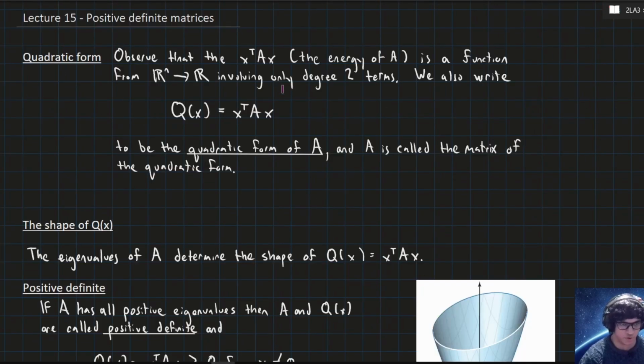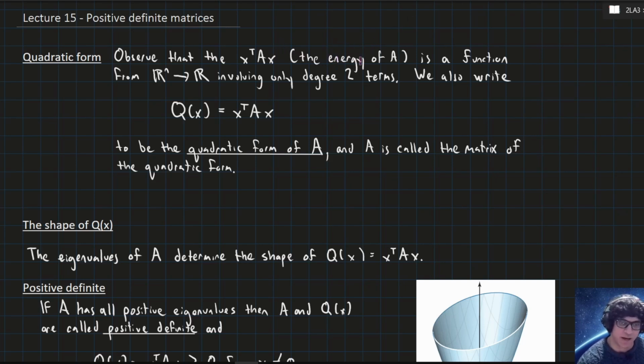We've been referring to this term, x transpose times A times x, where x is a variable vector, as the energy of A, which is a term used in physics and engineering.